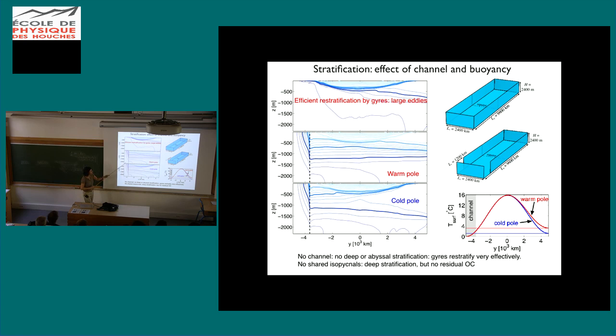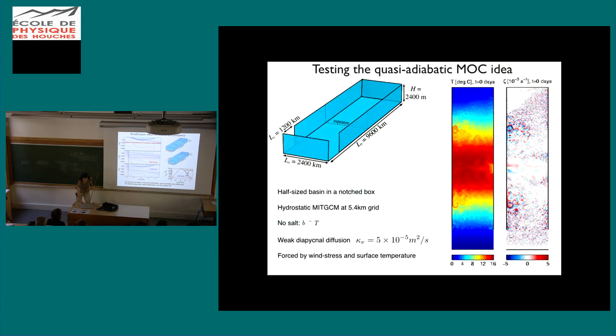Now the second case, we open up the channel and we have stratification, nice. However, in this case, because the lowest density in the northern hemisphere is higher than the lowest density that you have in the channel, there are no shared isopycnals between the two hemispheres.